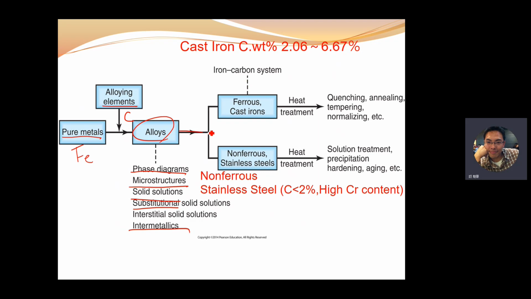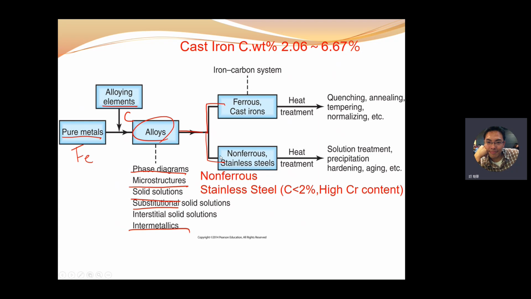And alloys can be divided into two categories. One is ferrous, and the other is non-ferrous. Ferrous, like cast iron, or like stainless steel.